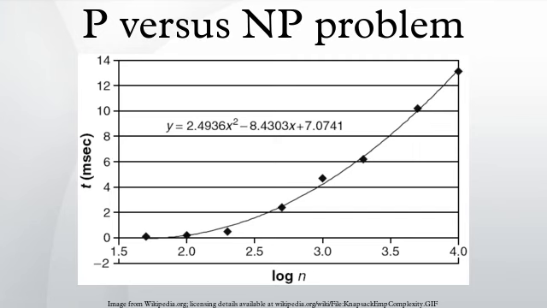In a 2002 poll of 100 researchers, 61 believed the answer to be no, 9 believed the answer is yes, and 22 were unsure. 8 believed the question may be independent of the currently accepted axioms and therefore is impossible to prove or disprove. In 2012, 10 years later, the same poll was repeated.